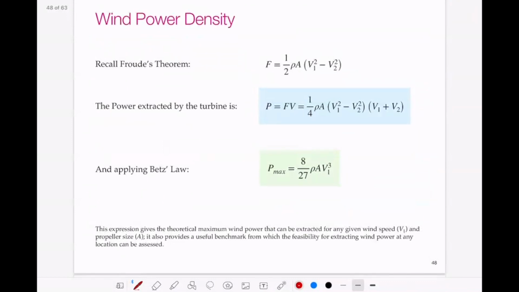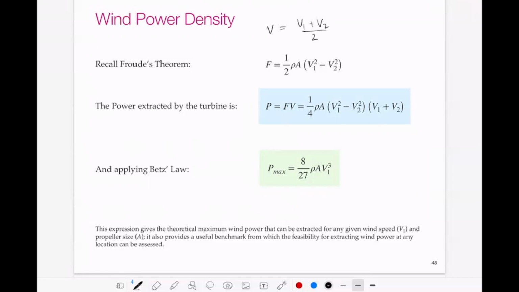So how can we calculate wind power density? We have Froude's theorem, which also includes the equation above. I'll write that here: V is equal to (V1 plus V2) over 2.